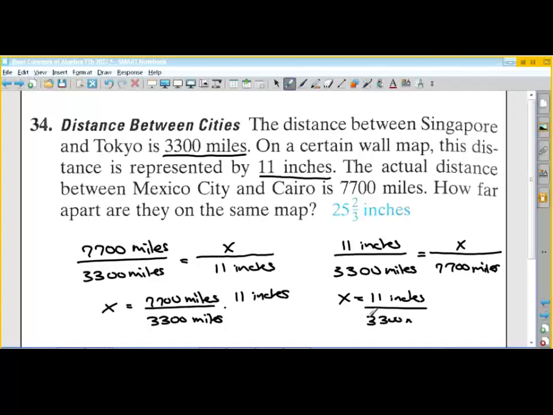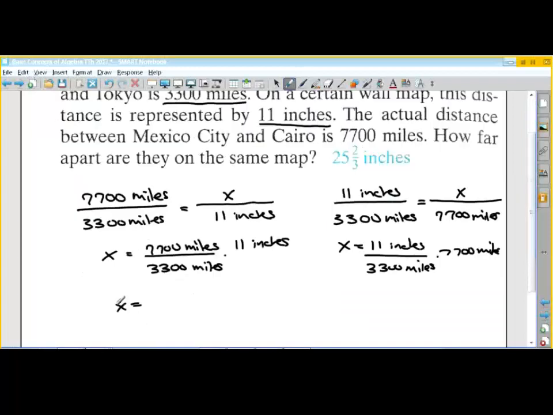So I'll have 11 inches divided by 3,300 miles times 7,700 miles. And you can see I have the same numbers. I have 11, 7,700 in the numerator, and 3,300 in the denominator, and then you can just do the multiplication. And we get the same answer on both sides because of the same numbers. 7,700 times 11 divided by 3,300 is 25.66.